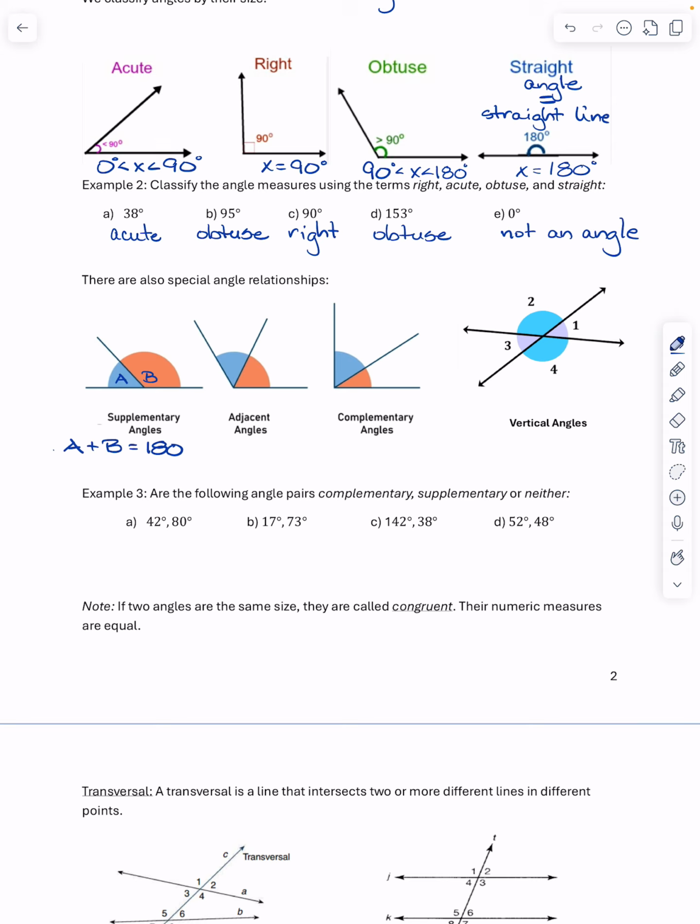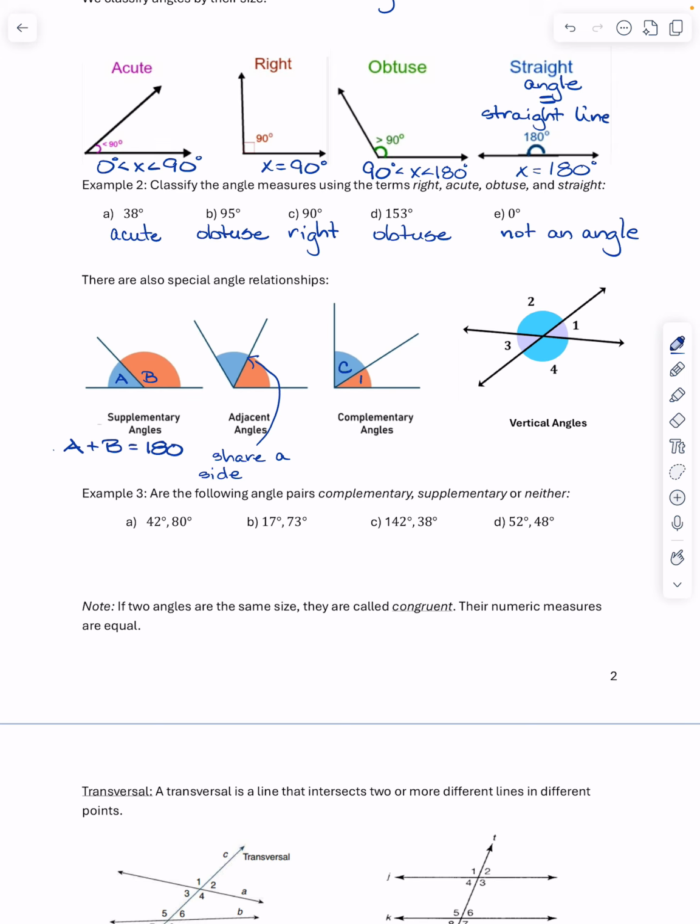If I have adjacent angles, that just means they share a side. Sometimes we call that a leg. If I know the total measure for the two angles combined and one of the angles, I can find another. So we can add measures to get a bigger angle.